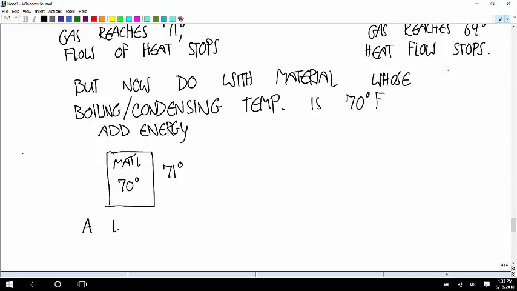So a lot of energy flows in before the material temperature starts to rise.